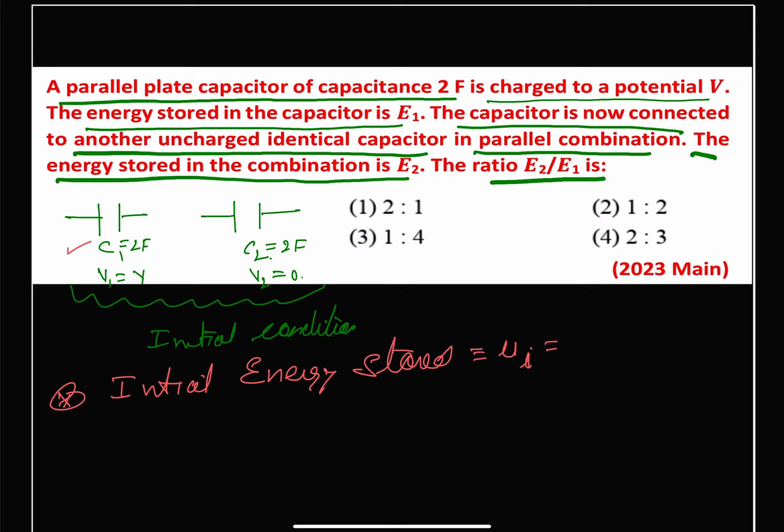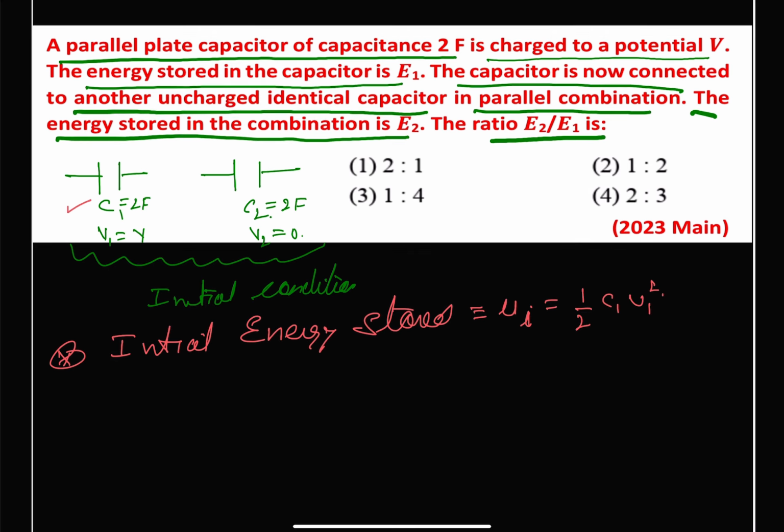So we can say this is half C1 V1 square. Substituting the values, Ui is equal to half times C1, which is 2, times the potential V square. 2 and 2 cancel out, so we get our initial energy is equal to V square.